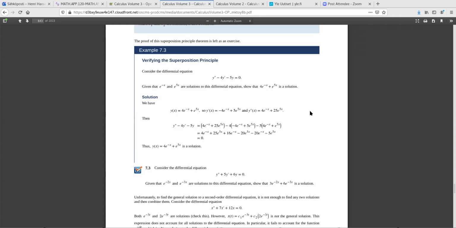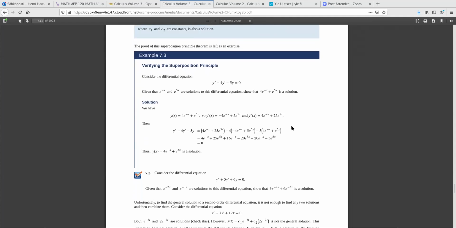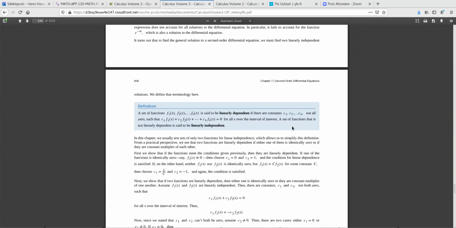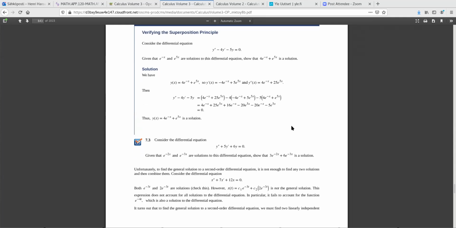So this holds for any linear differential equation, be it second, third, fourth, or nth order. If it's linear, then this fact, this theorem 7.1, holds for all those. We don't have to prove those all that much.